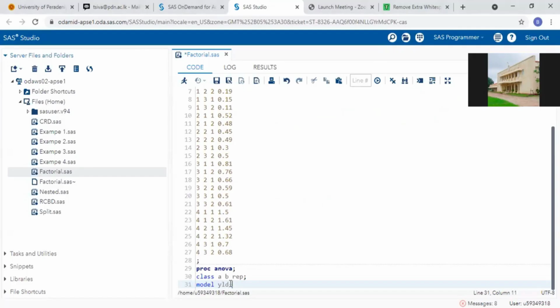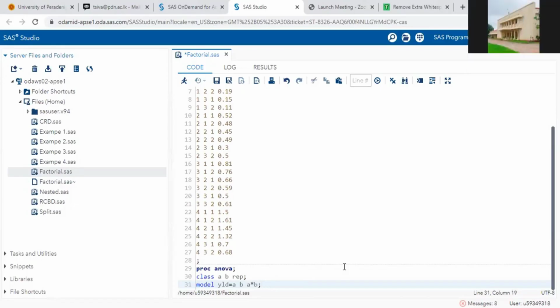I said yield; you can give any name, but I said yield equals A, factor B, and factor AB. So when you write the interaction, we write it as A*B, not AB. It doesn't work. Do you understand? Factor A, factor B, and the interaction effect of factor A and B.